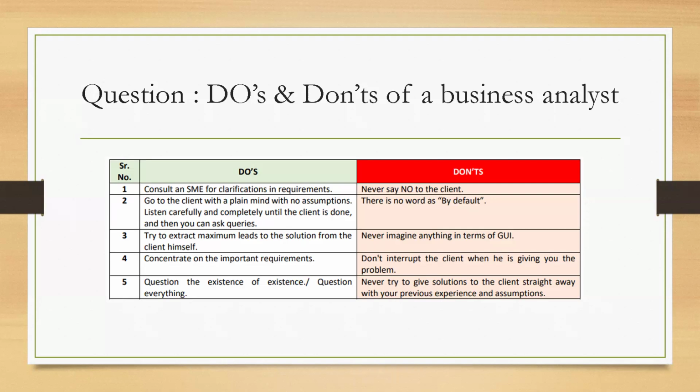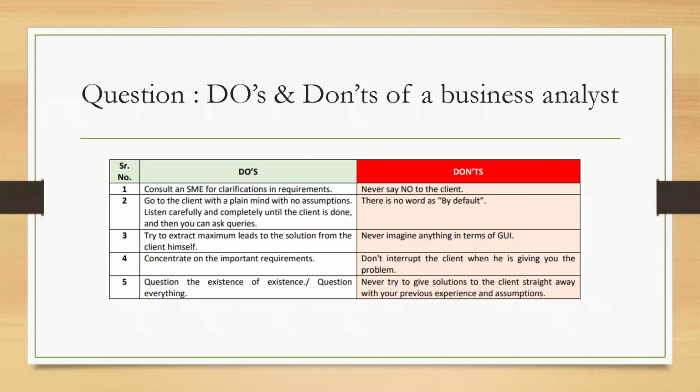And the don'ts are: never say no to the client. We shouldn't say no to the client in any situation. First of all, we should work on it. Whether it is possible or not, we have to check that, and then we should answer the client. We should also never imagine in terms of the GUI, the graphical user interface, like how many screenshot pages are coming.